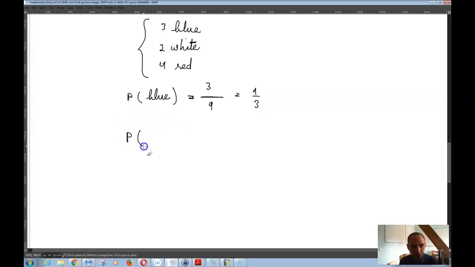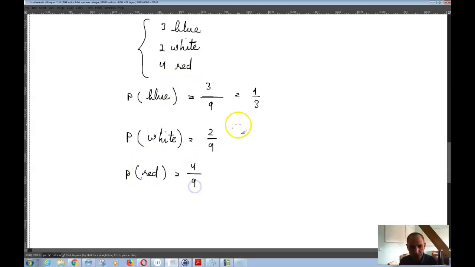The probability that the marble will be white is 2 divided by 9, and the probability that it will be red, or P of red, is 4 divided by 9.